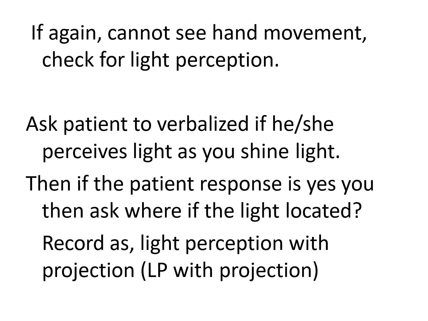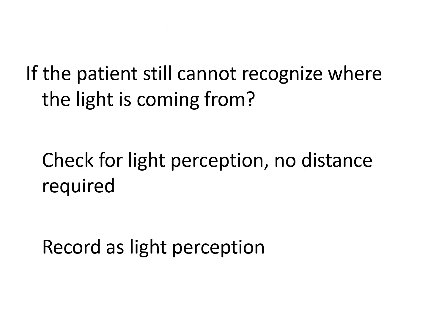If the patient responds yes, you ask the patient to which quadrant or to which area he or she can locate the light. At this point, you'll have to record in the patient's chart, light perception with projection. For the hand movement, you document it as perception of hand movements. Or if counting fingers, you document it as counting fingers.